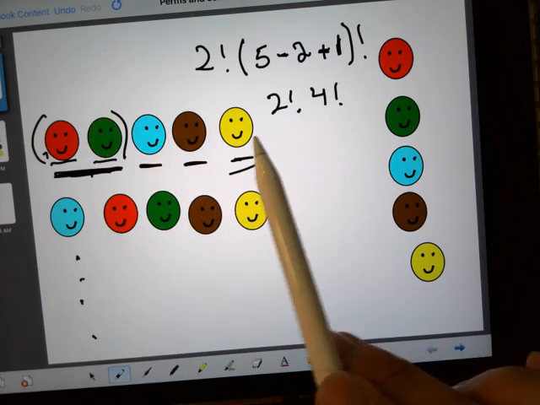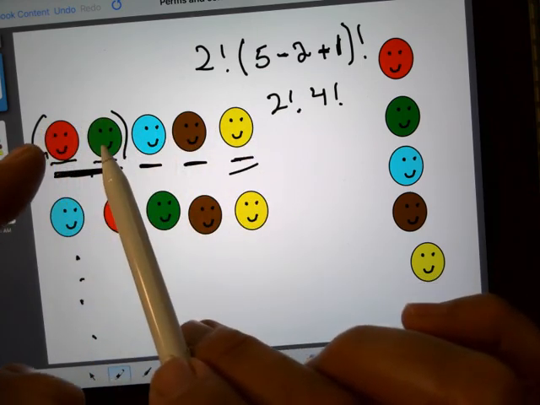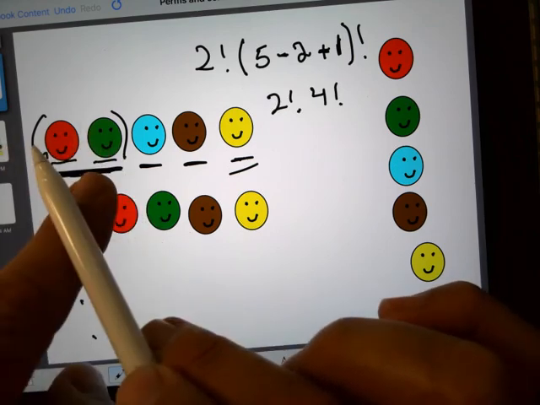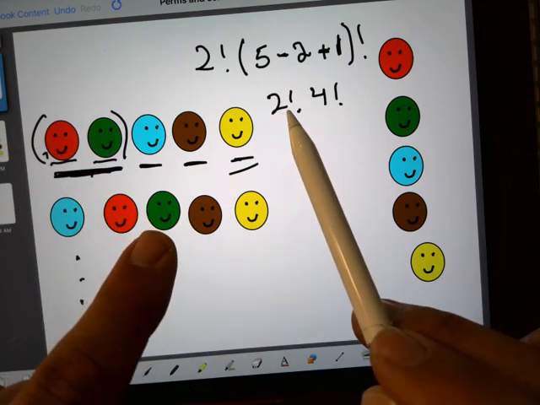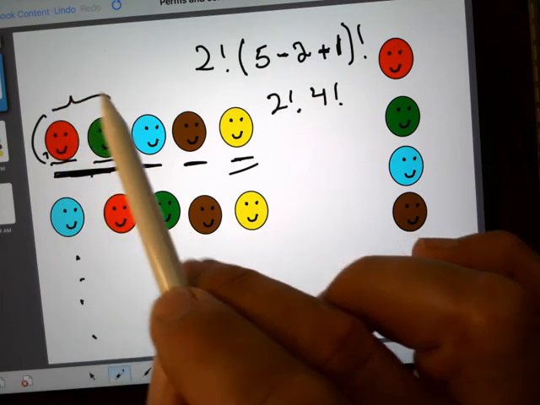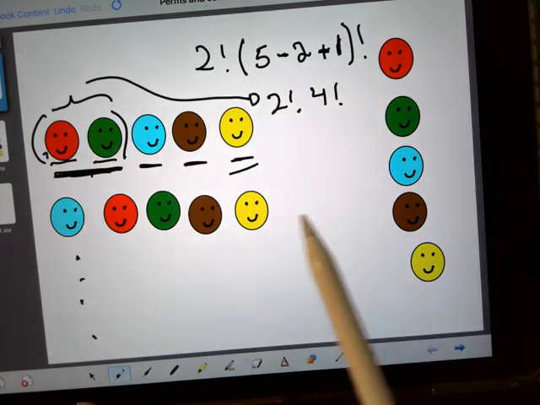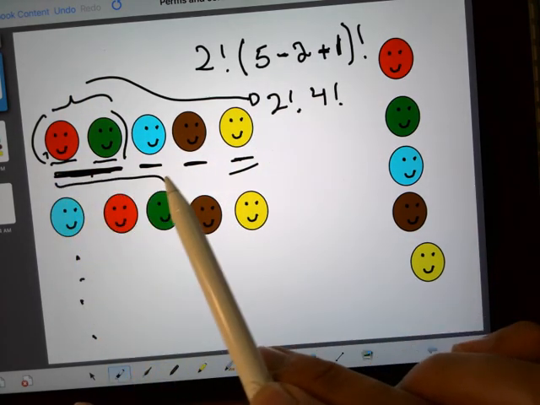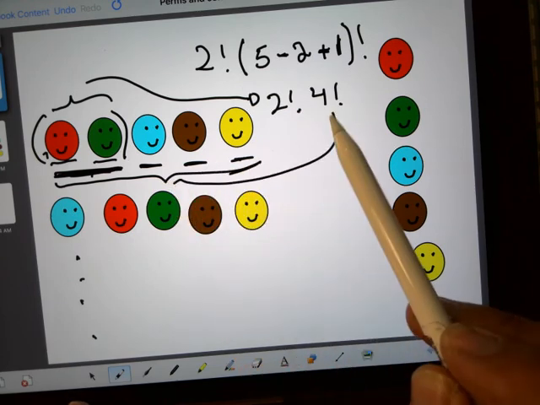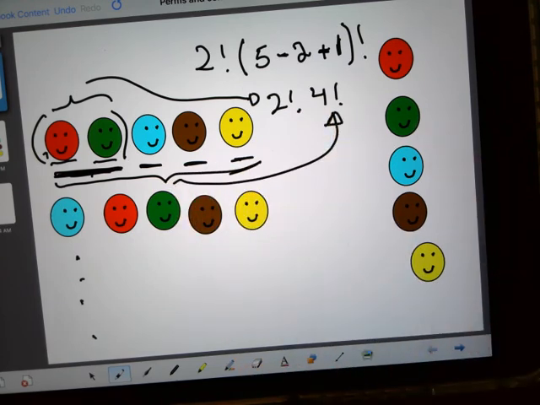But then within this group that is supposed to stay together, you can switch them, and that's where the 2 factorial comes in. So this part is fulfilled by that, and the big picture here is fulfilled by that. Okay. Cool, huh?